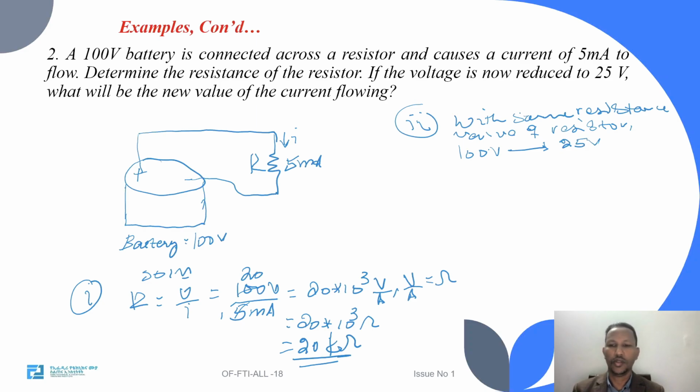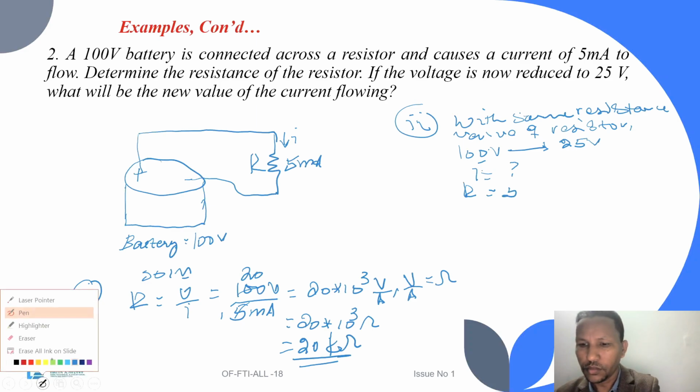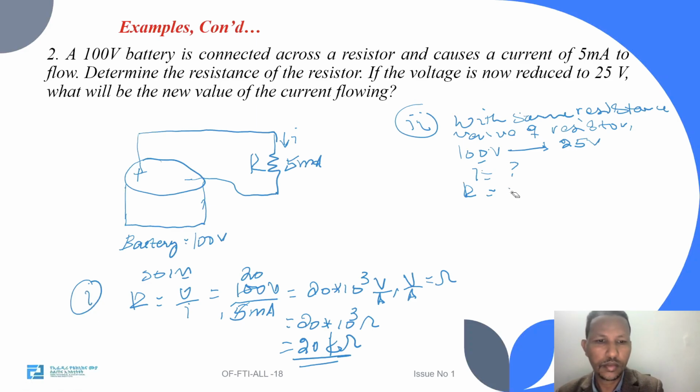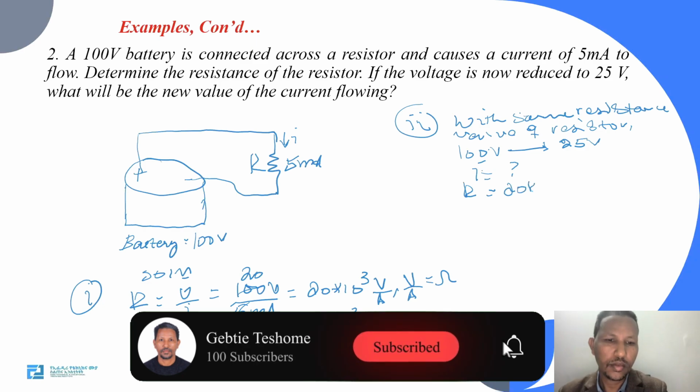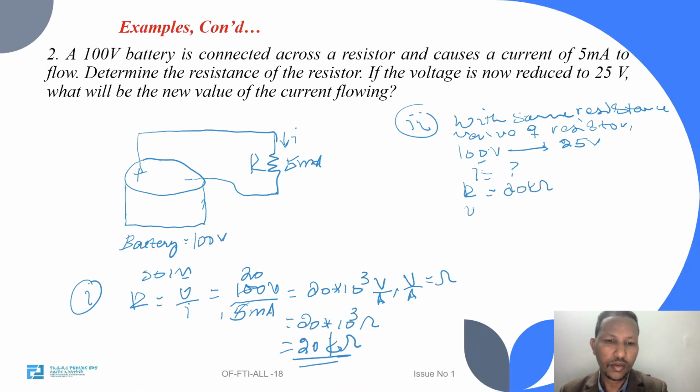What will be the new value of the current flowing? For this case, we have R which is 20 kilo ohm, and voltage which is 25 volt.